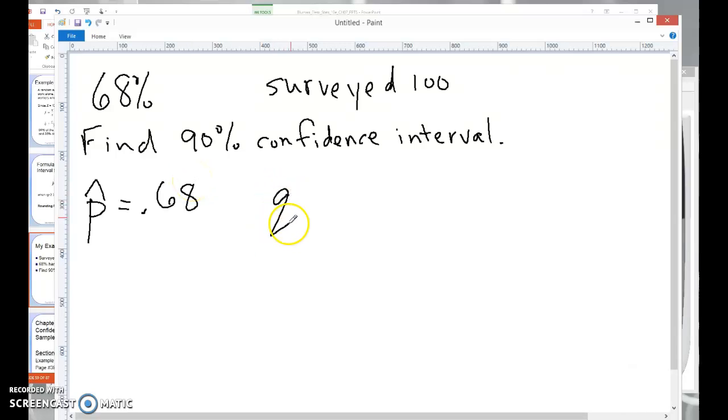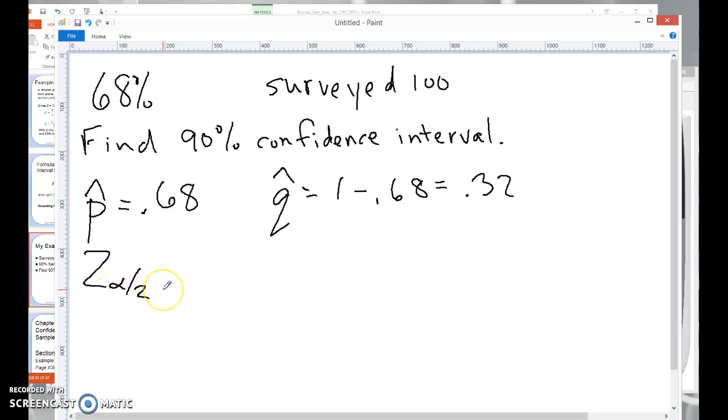That makes Q hat equal to 1 minus 0.68, which is 0.32. Next, I need to identify Z sub alpha divided by 2. Again, we're looking for the 90% confidence interval. That gives me 1.65.